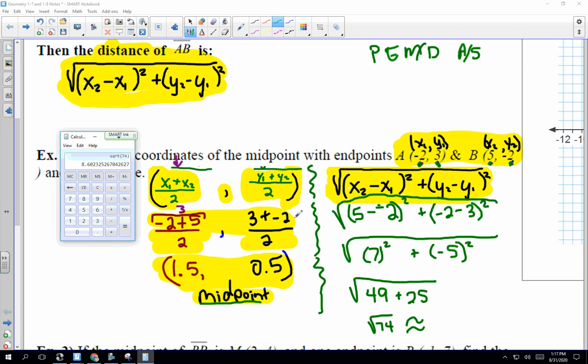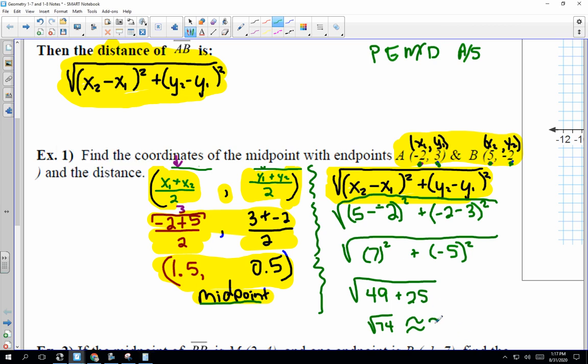So we get 8.60 is our distance. Okay, I want you guys to write that down, so I'm highlighting it.